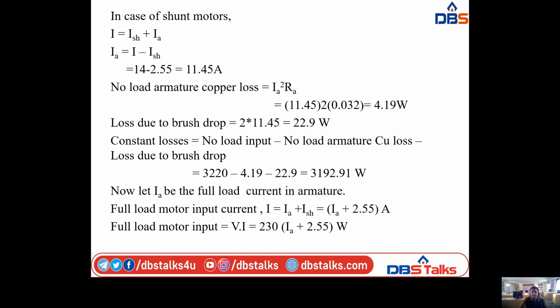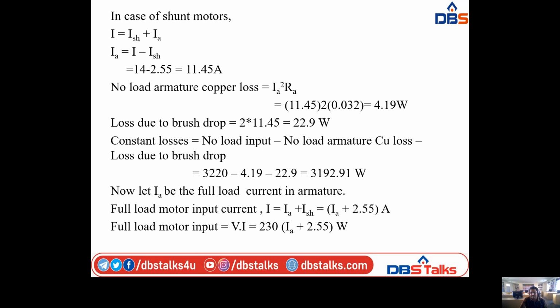And next, coming to no load armature copper loss. Okay, so similar to the previous problem, here also they given the no load data, but we have to calculate the full load efficiency. That's why I am calculating the no load input power, no load armature copper loss, constant losses like that. So here no load armature copper loss formula, you know already the formula, that is IA square RA.